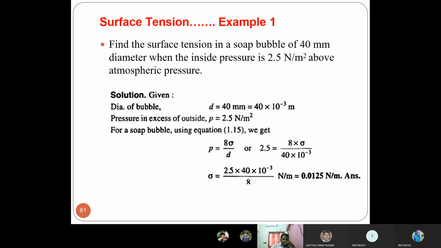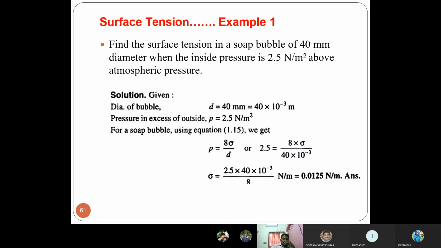The diameter of the soap bubble and the excess pressure are given, and we are asked to calculate the surface tension. D, the diameter of the bubble, is converted into meters, and the excess pressure P is equal to 2.5 Newton per meter square.